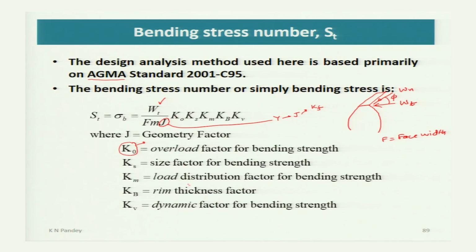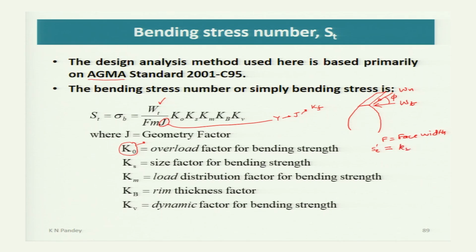Now, this K size. We know that when we studied the design of components under fatigue loading, we found that the endurance limit Se dash obtained from the rotating beam experiment was modified by a size factor.